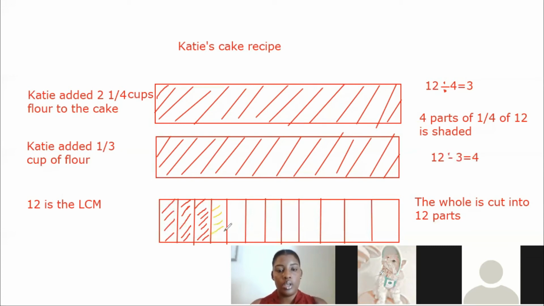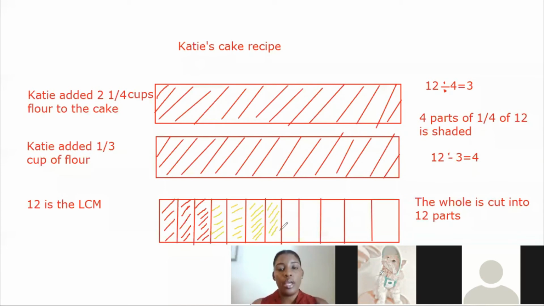So we're shading on now 1/3 of 12, or 1/3 of the whole part that the fraction is cut into, and that's 4 parts. And this will represent how many cups of flour was added to Katie's recipe to make the cake.